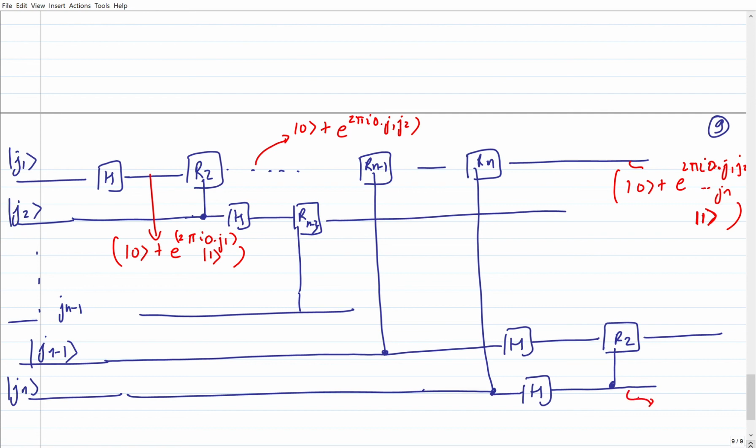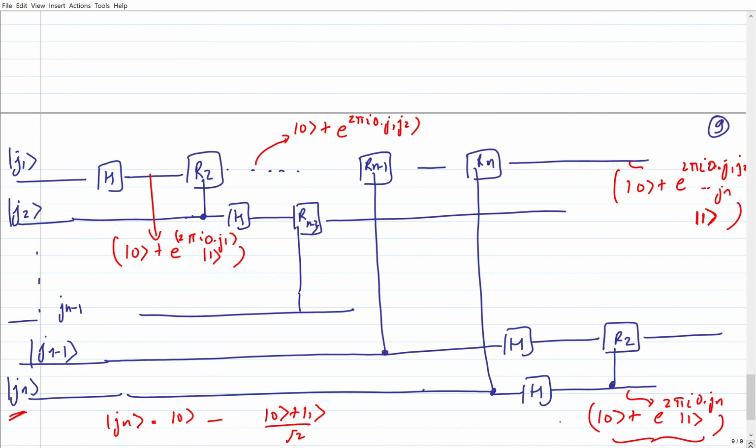Similarly, the state over here is just 0 plus e to the power of 2 pi i 0.jn, where jn is this bit 1. Which makes sense, right? If jn is 0, then this just gives me the Hadamard operator, this guy.